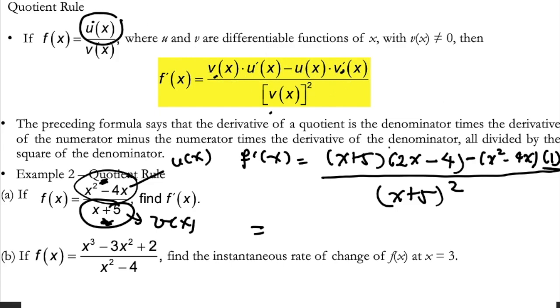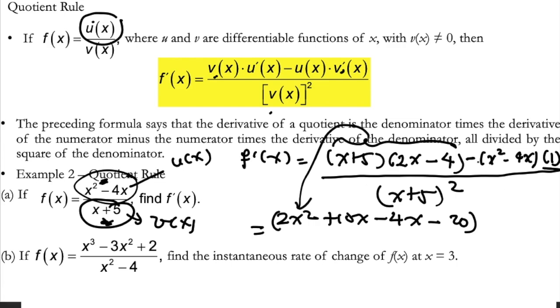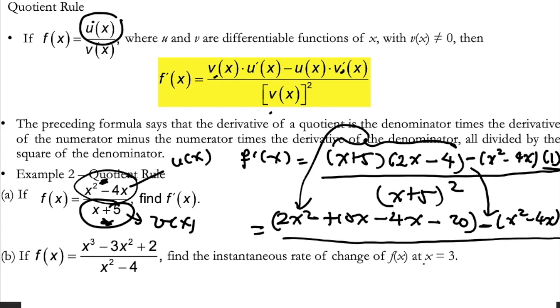For this one, expand it, so it becomes 2x squared plus 10x, minus 4x minus 20, and close the bracket. I'm expanding it. Then I have this in bracket, x squared minus 4x. And on the denominator, x plus 5 squared.